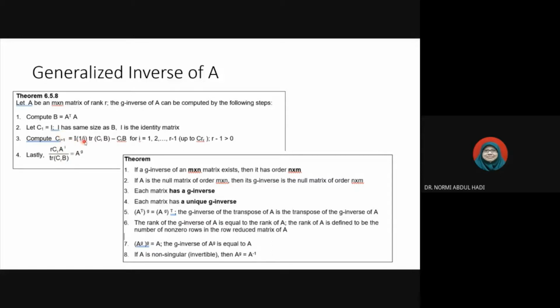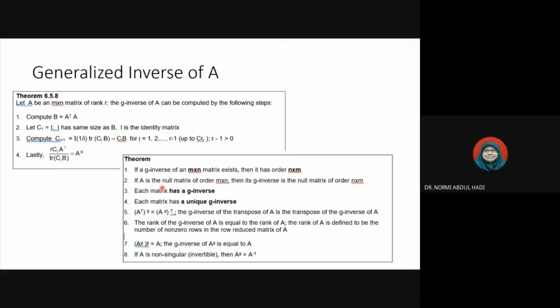So it is 1 over 2 trace C2B, minus C2B. So the higher your rank is, the longer your solution will be. So a G inverse of an m by n matrix exists and the order is n by m.